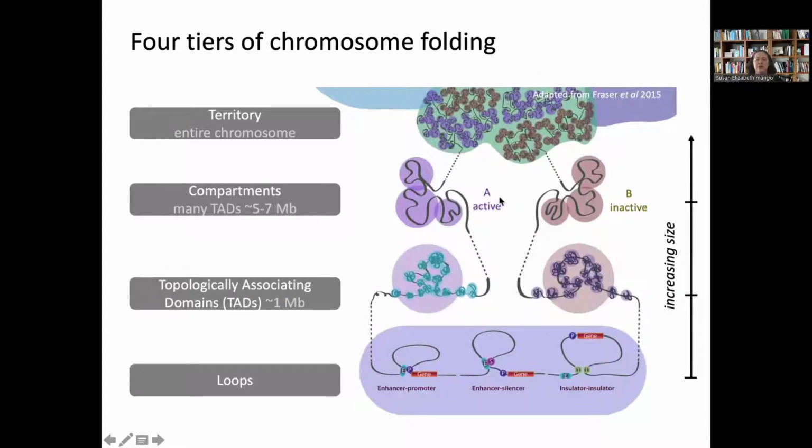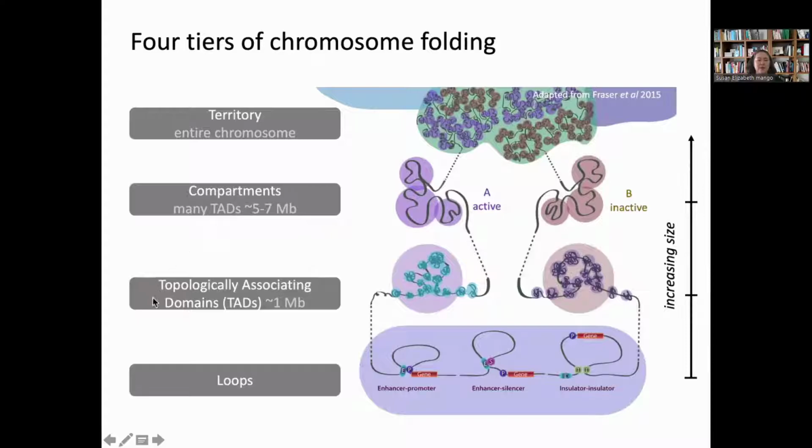It looks something like this, and we're going to go through it, but just to give you an idea, this is a cartoon to show that at one level we have what are called territories. They encompass the whole chromosome. Then we have compartments, which are up to 7 megabases in size, so very large.